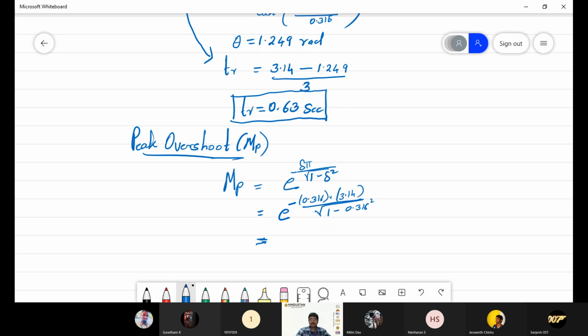So have you got the answer? If you are able to substitute in the calculators, you'll get the answer. So check whether we are able to get 0.351, right?